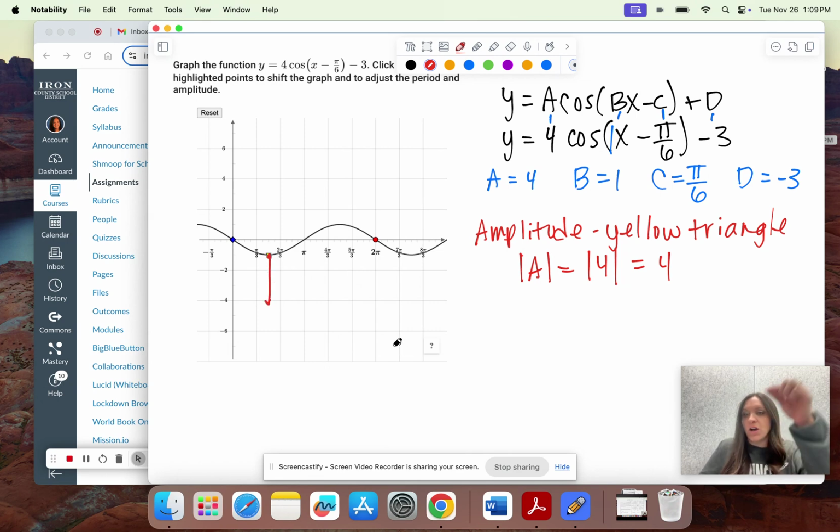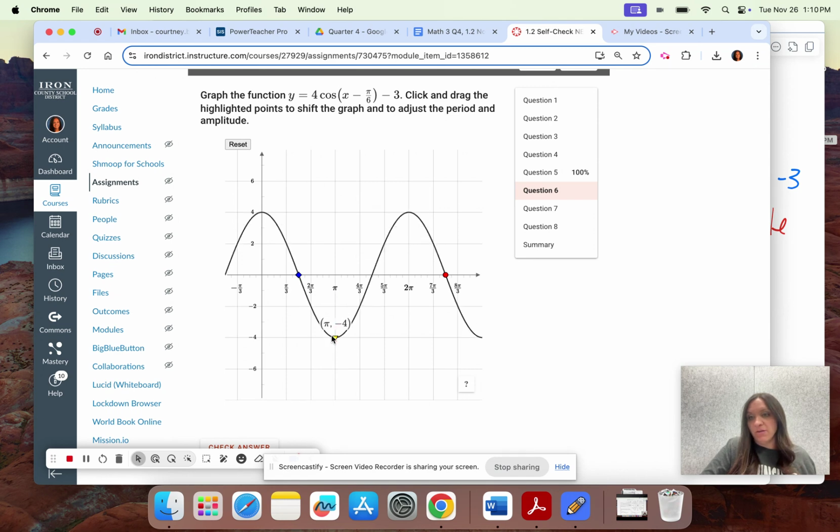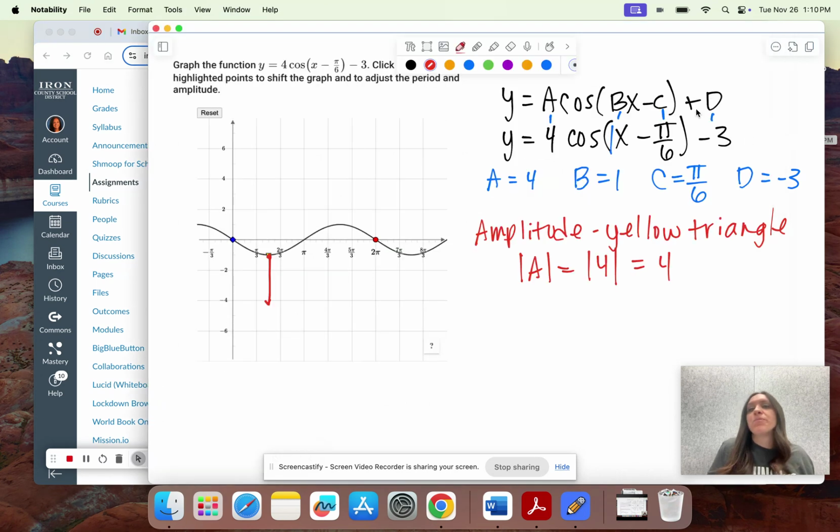So don't cross and go up. Just because it's +4 doesn't mean you do that. You just reflected the graph. We don't want to reflect the graph. We just want to move it. So we're going to move down to 4. Well, -4. But see, it's also up a +4. It's the distance from the midline to the top, midline to the bottom.